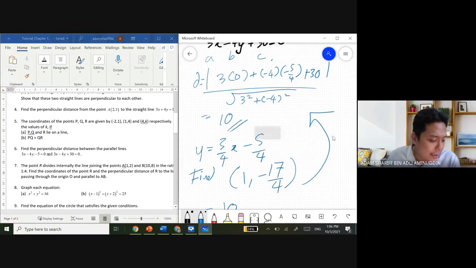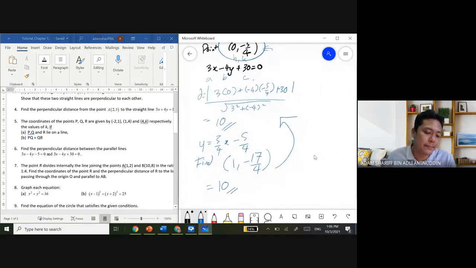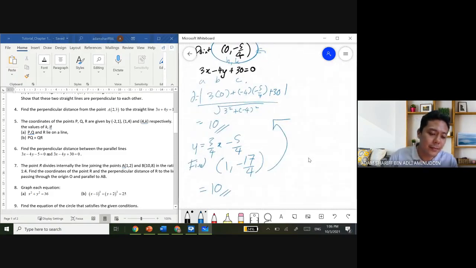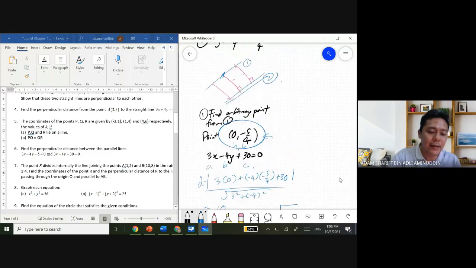Ada soalan tak berkenaan nombor 6? When I said find the arbitrary point, bukannya main ambil nilai mana-mana koordinat. It must be the coordinate which satisfy equation straight line number 1. Mesti point yang lalu equation number 1 tadi.